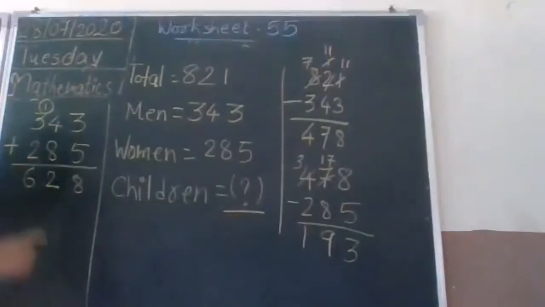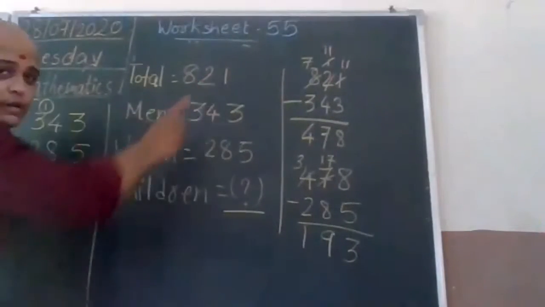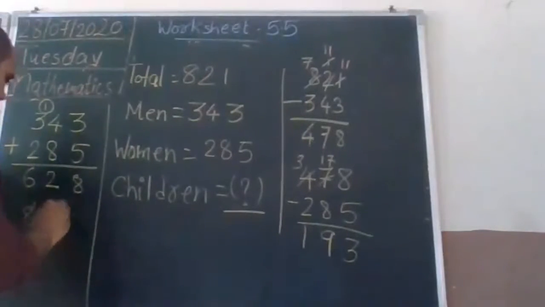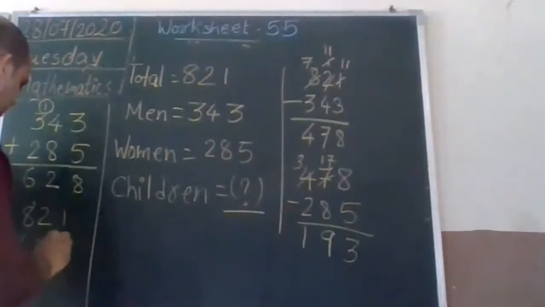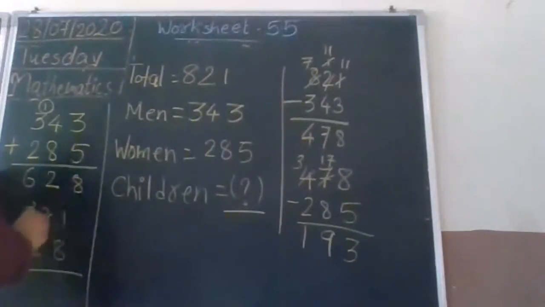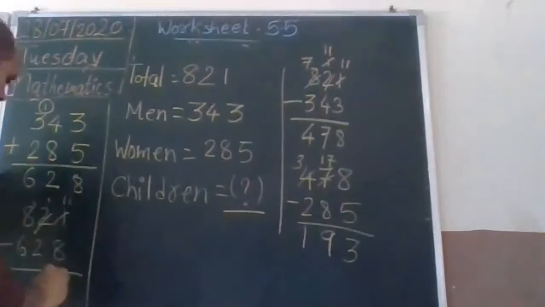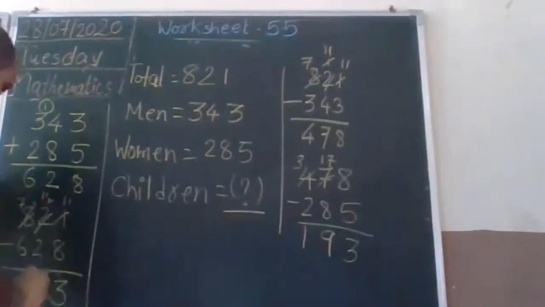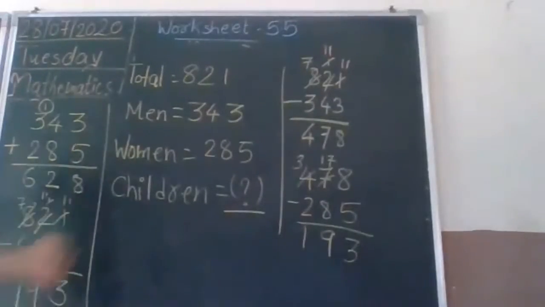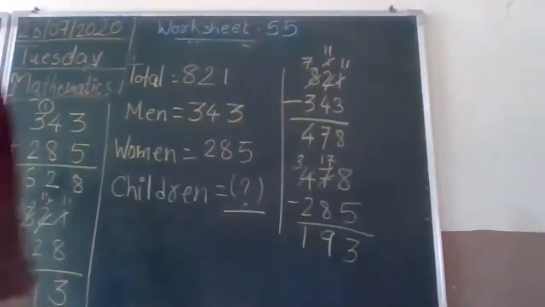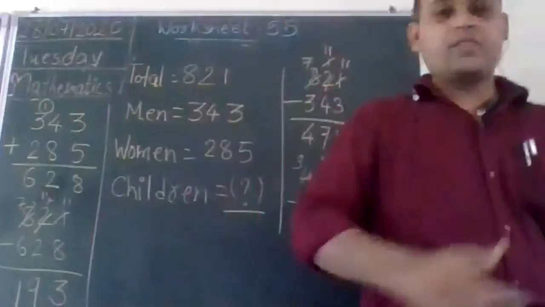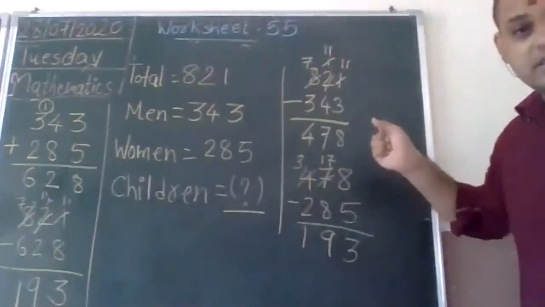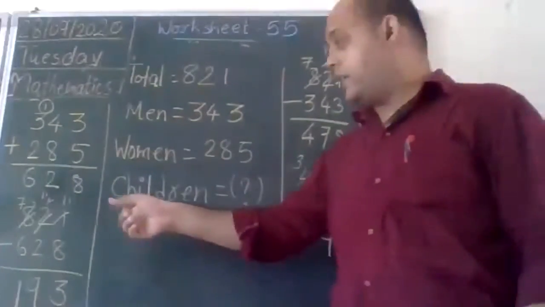Now this number you have to subtract from total. 821 minus 628. See, on both the sides, the answer is same. One way of doing it is this one. The second way of doing it is here.